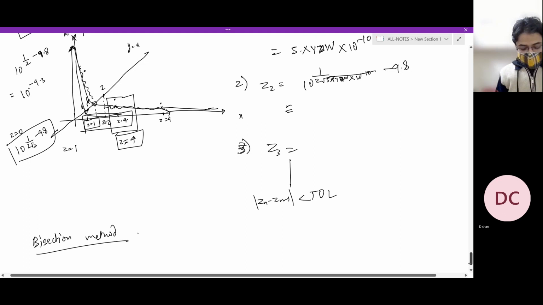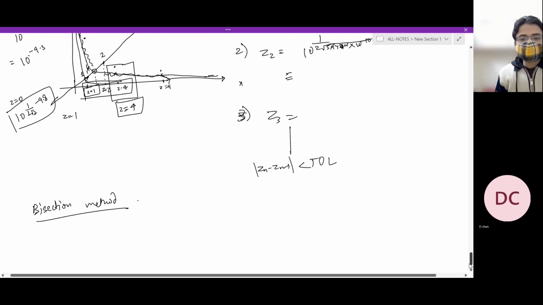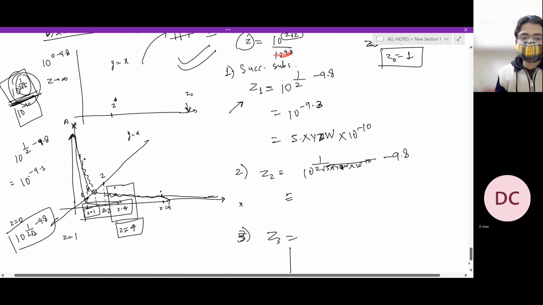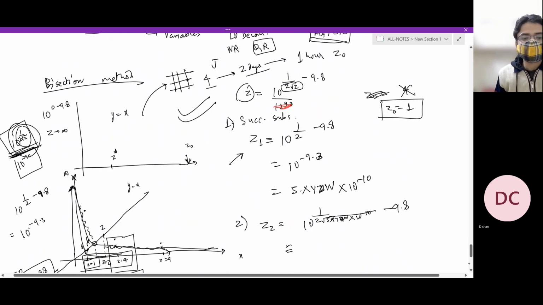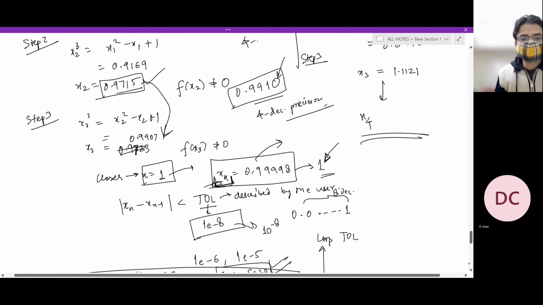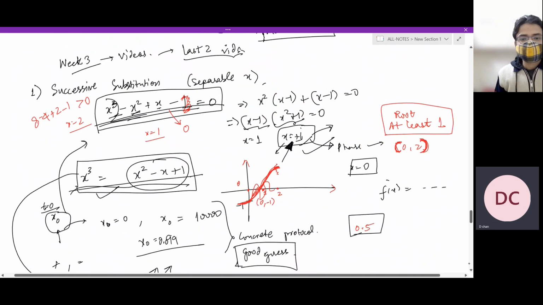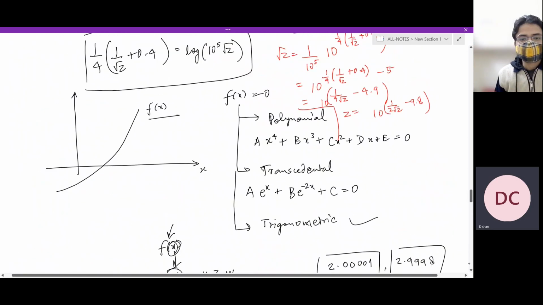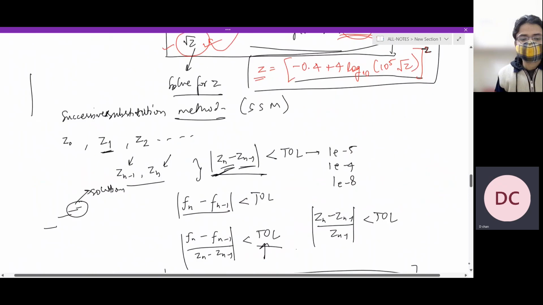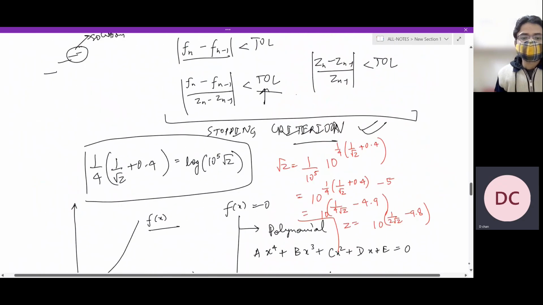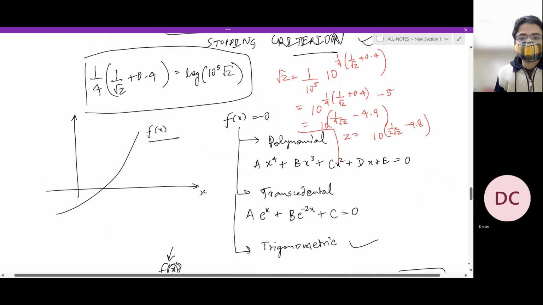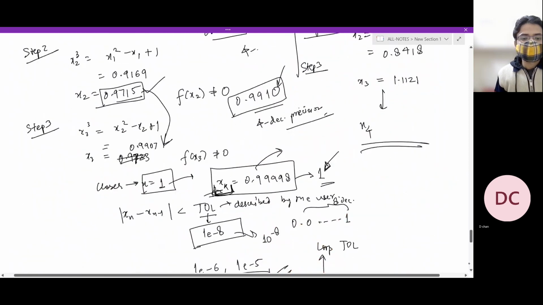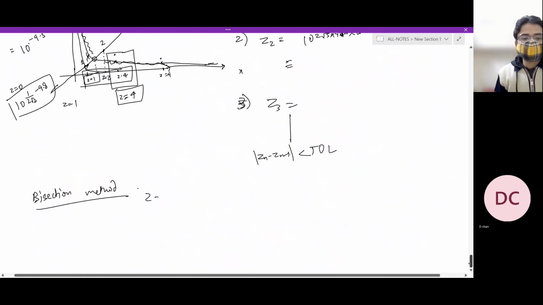So you already know the theory behind the bisection method, right? Yes, sir. Okay, so we will just start with this. We write 10 power 1 over 2 roots z minus 9.8.